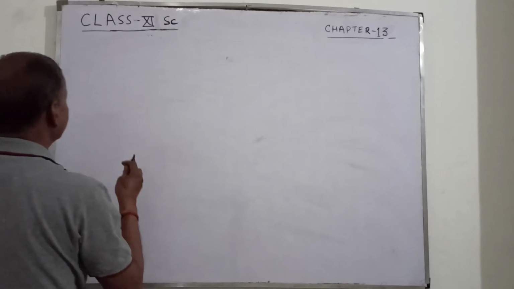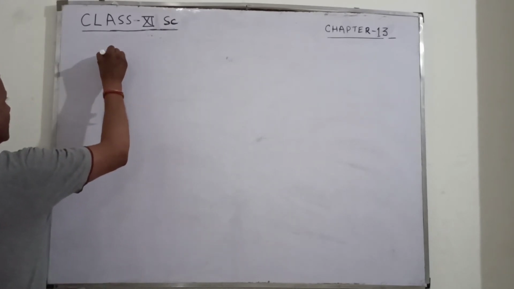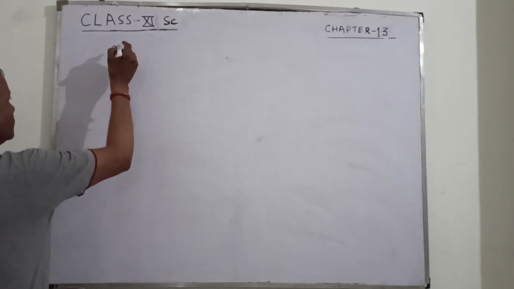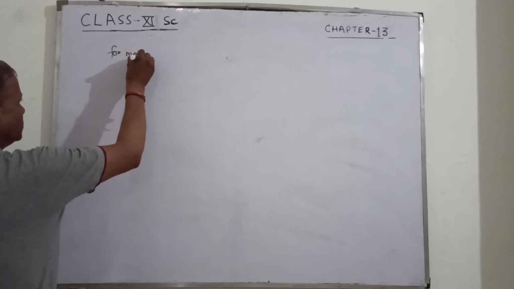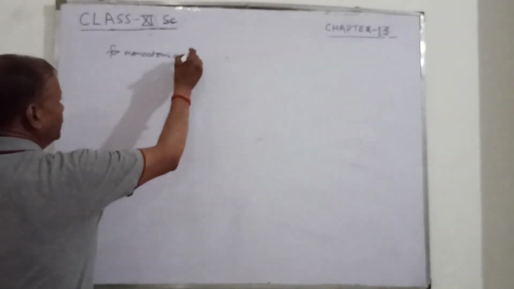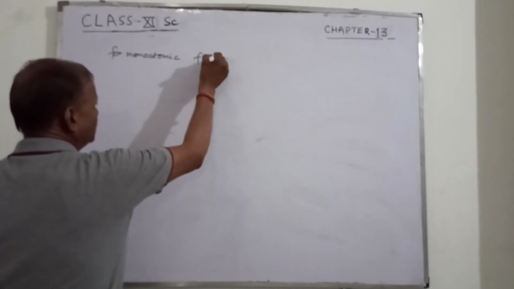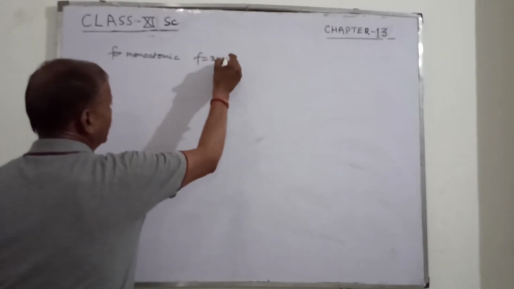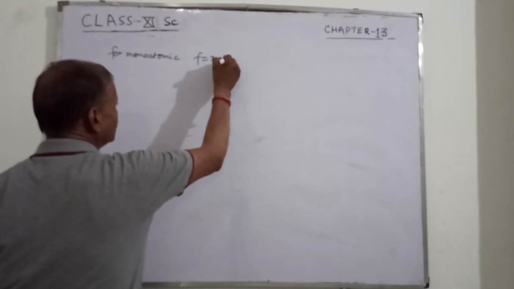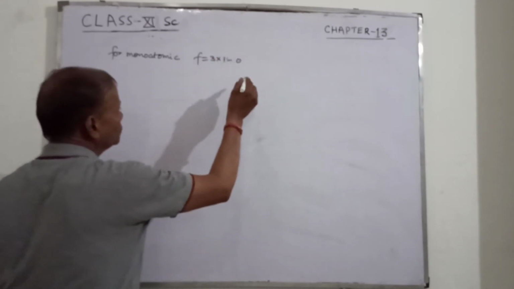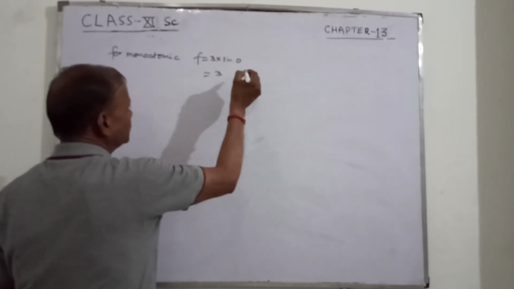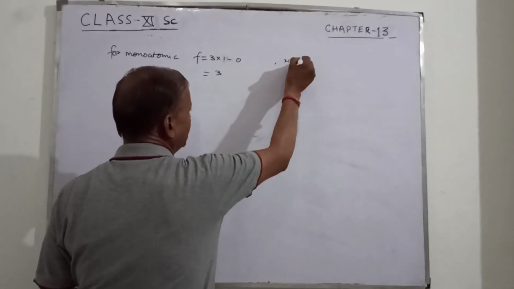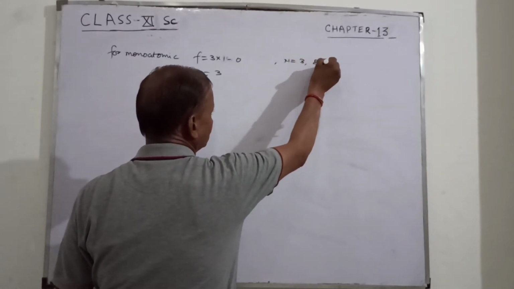For monatomic, F equal to 3 into n, n is equal to 1, minus 0. So this is equal to 3. Here n equal to 1 and b is equal to 0.